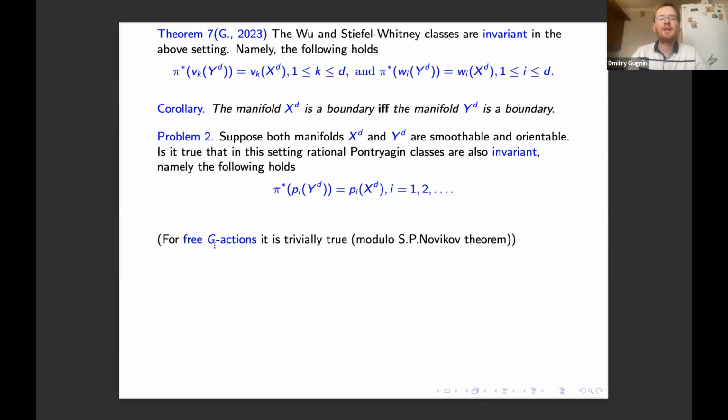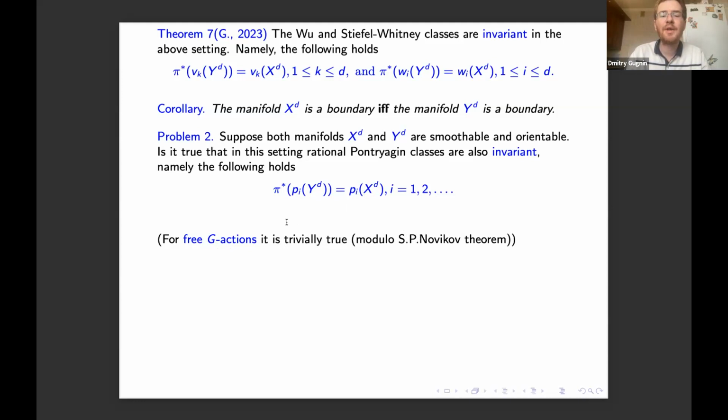And for free G actions, it's really true because you have no branching locus. You have just an ordinary genuine covering space, and modulo the celebrated Sergei Petrovich Novikov theorem about topological invariance of rational Pontryagin classes, you will have this property.